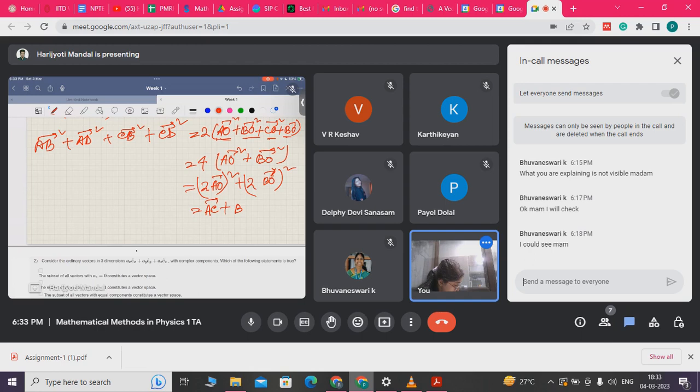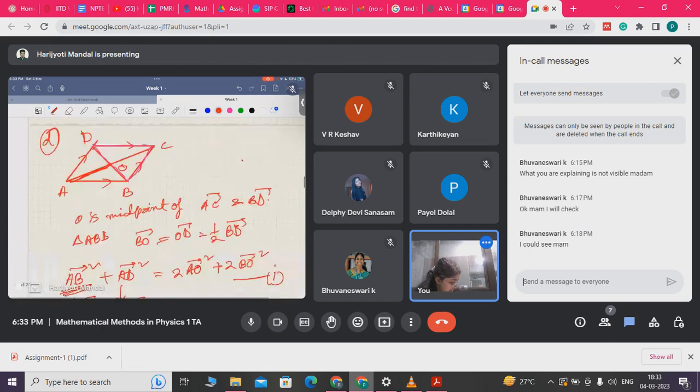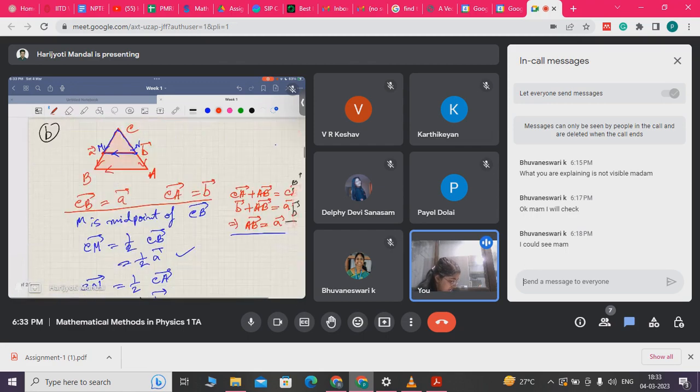Similarly, 2 into BO is BD because O is the middle point of BD. So D is also true.